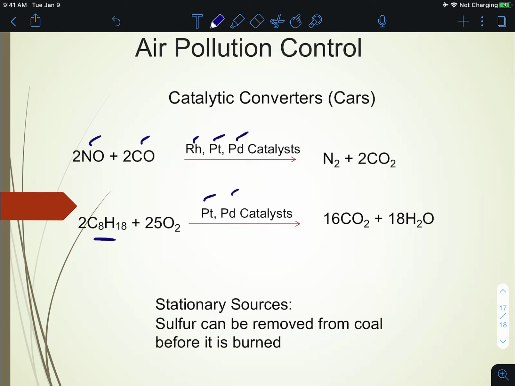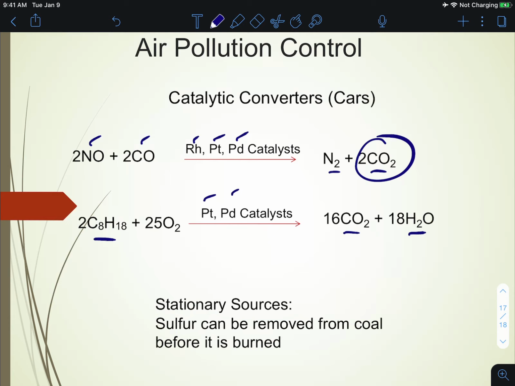Catalysts just speed up reactions. Remember, we said this. Without being consumed, I introduced that idea in the toxicology slides. And they convert them back to the benign stuff that's not pollutants. Now, CO2, we have issues with climate change, and that we'll talk about in another chapter, but otherwise it's not a toxic pollutant. It is a pollutant, but for different reasons.